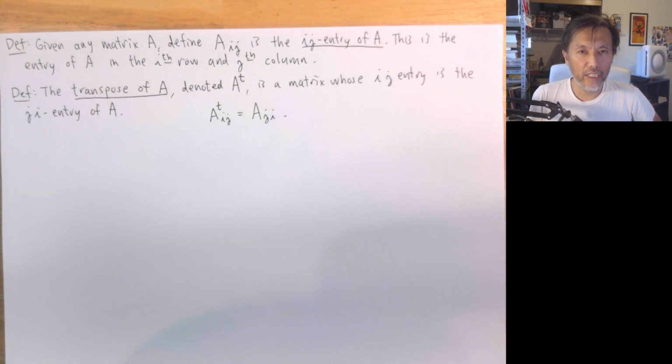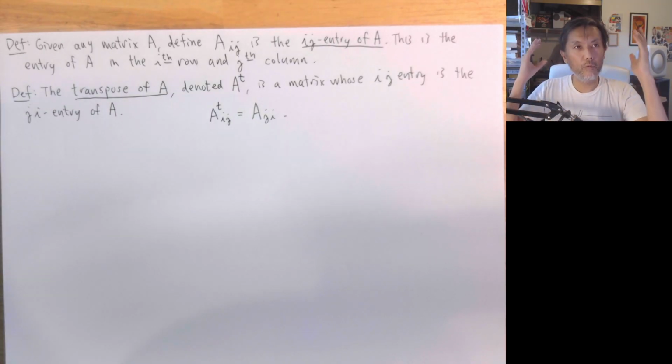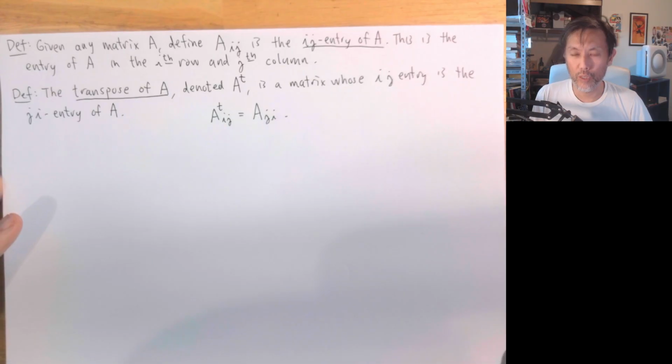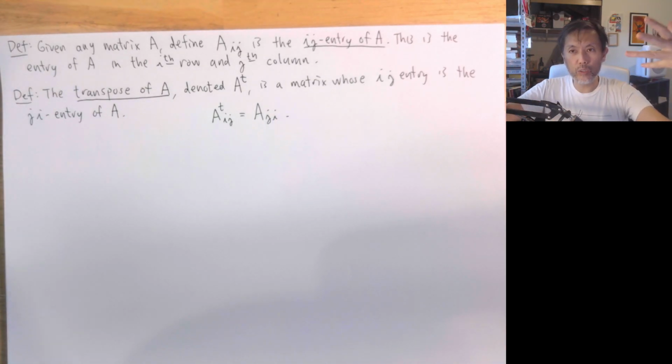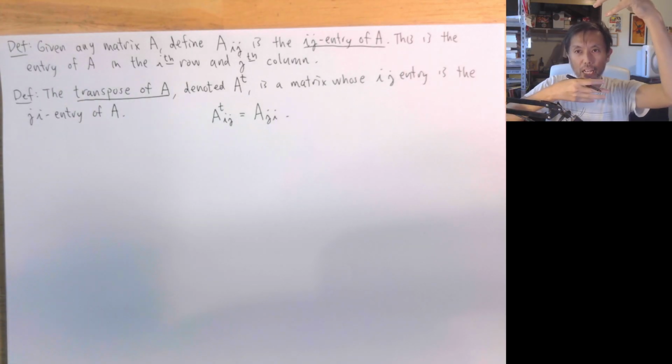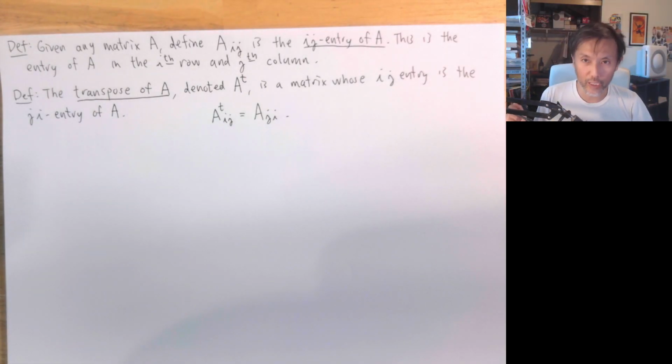And that's a lot of letters to write down. But basically, the idea is that A transpose swaps the role of rows and columns. It makes the rows of A into the columns of A transpose, and the columns of A become the rows of A transpose.